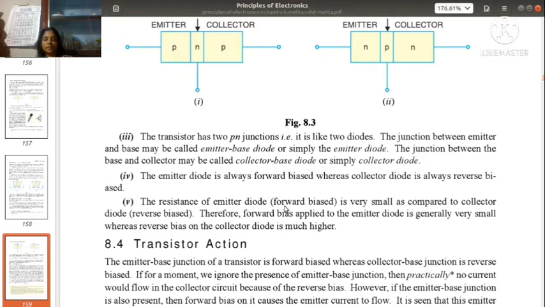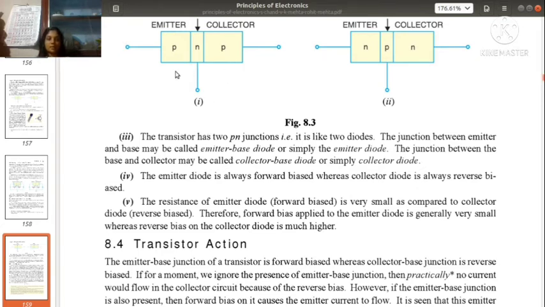The resistance of the forward biased emitter diode is very small as compared to the collector diode. Therefore, the forward bias applied to the emitter diode is generally very small, whereas the reverse bias on the collector diode is much higher. We have seen before that the emitter base junction has low resistance and the collector base junction has very high resistance.